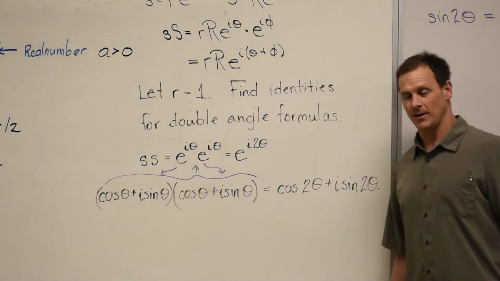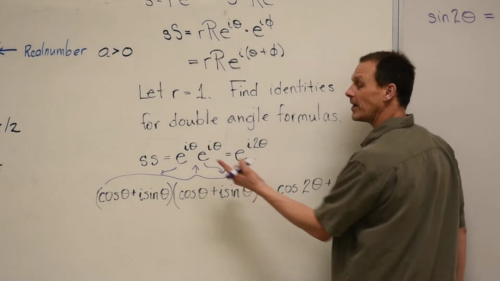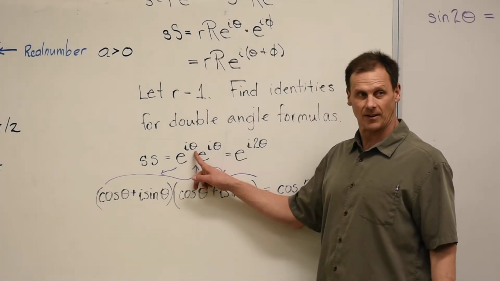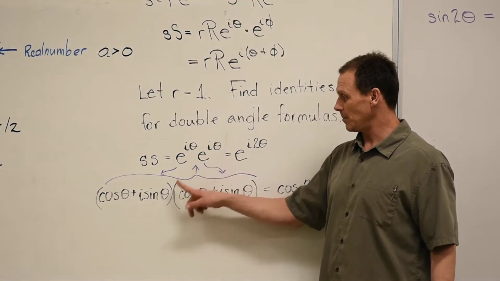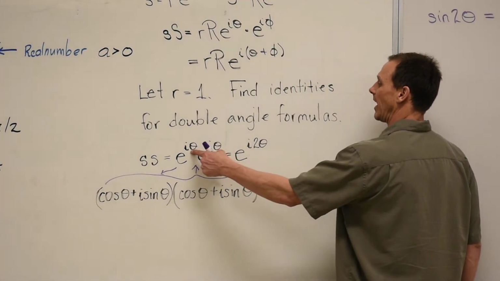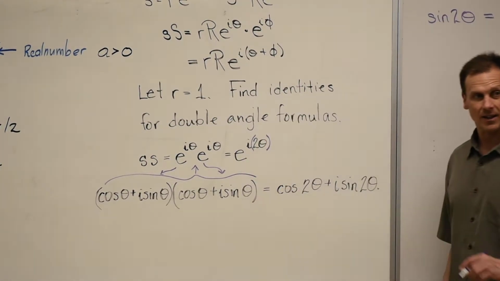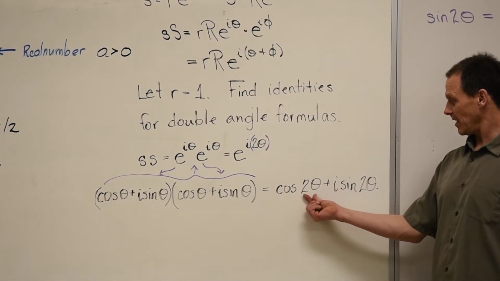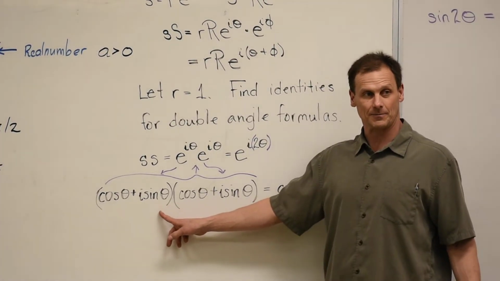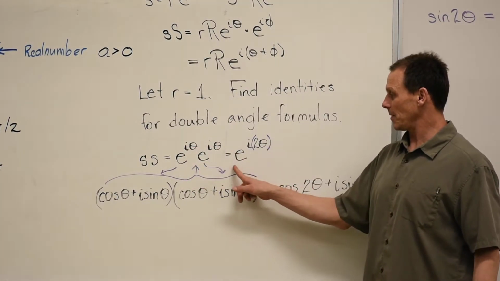Remember, Euler's identity says that if you have e to the i times anything, that anything becomes the argument of the trig functions. Over here, I regrouped it. I added theta and theta, so there's my anything. On the right-hand side, the argument is now 2 theta. Over here, I left it as just a single theta. I was just expanding this, and I was expanding that.